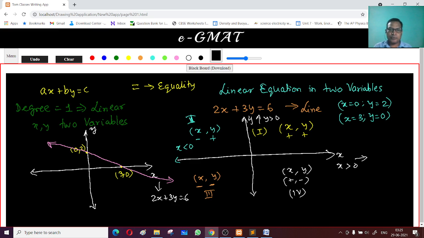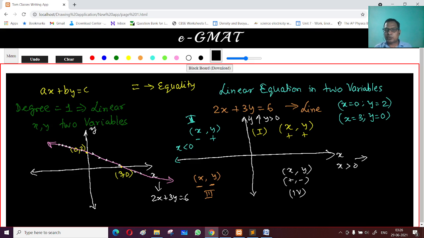Now here one important thing is that you take any point on this line. Whatever point you take on this line is going to satisfy this particular equation.